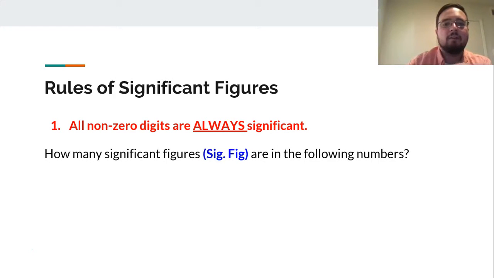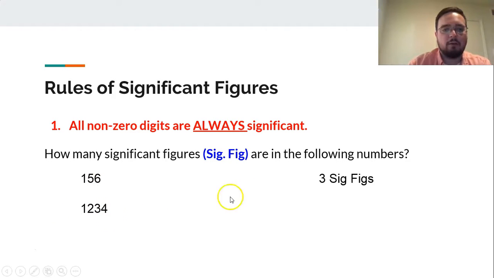So how many significant figures, or what I will call sig figs, you'll hear that a lot probably as I'm talking to you in class because that's just how I've learned it, are in the following numbers. What we have to ask ourselves is how many non-zero digits are in this number? Well, there's 3 digits and they're all non-zero, so therefore there are 3 sig figs. Same thing here. There are 4 digits, all of them non-zero, so there are 4 significant figures here as well.